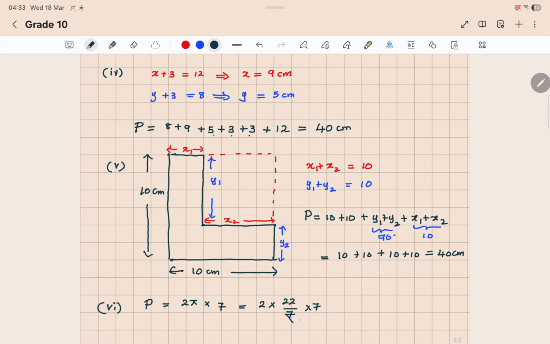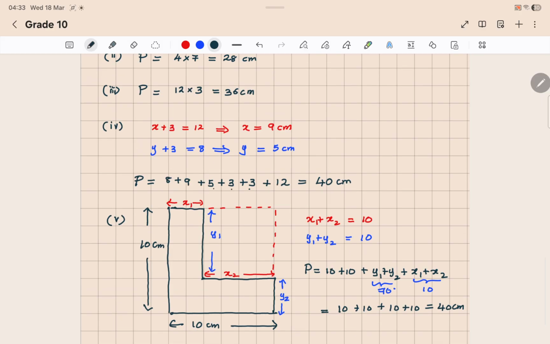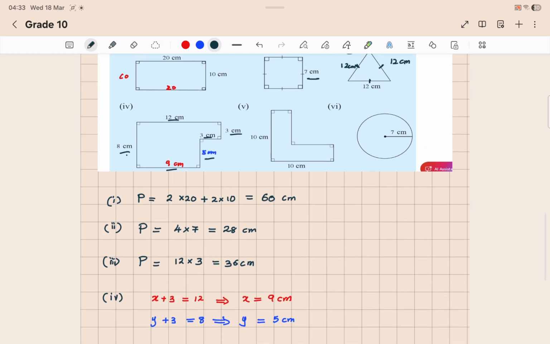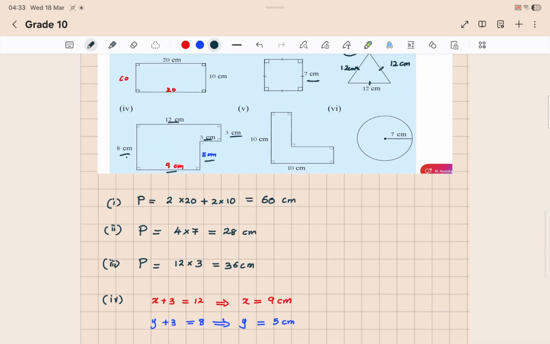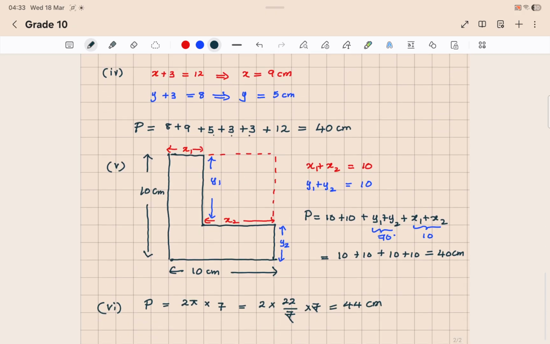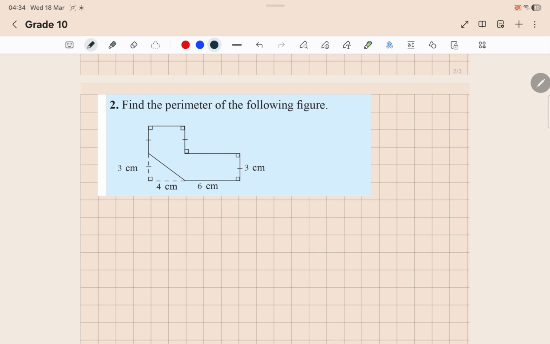So the 7s cancel, and 44 centimeters is the perimeter. That is just to recall how to do perimeters of these basic shapes. We'll do one more question that is more difficult than this.